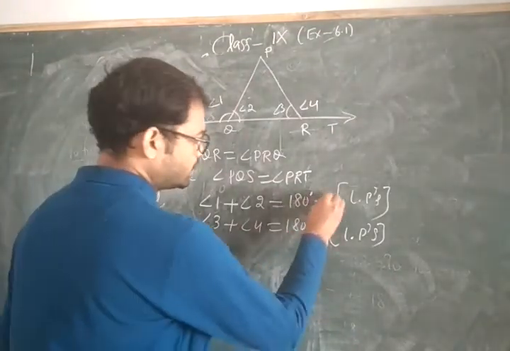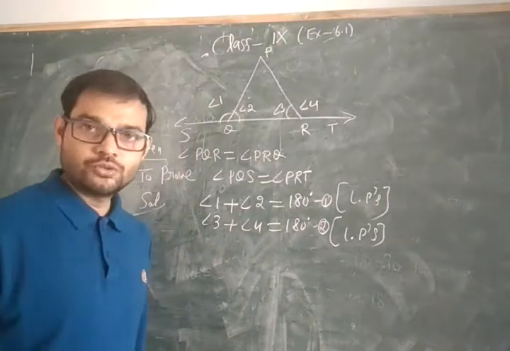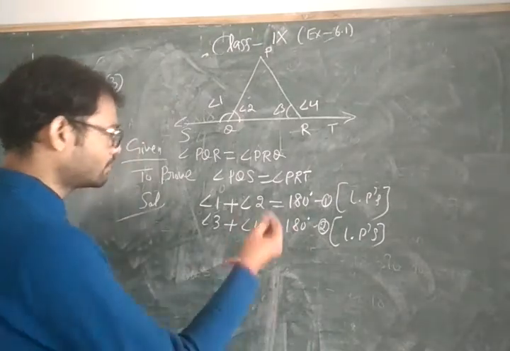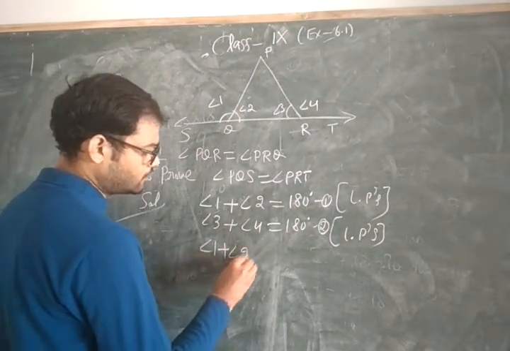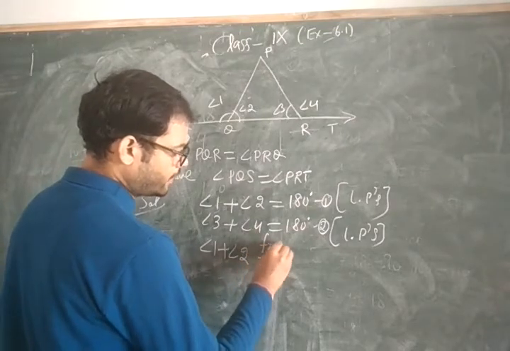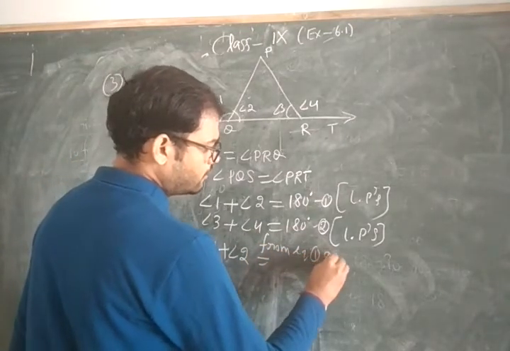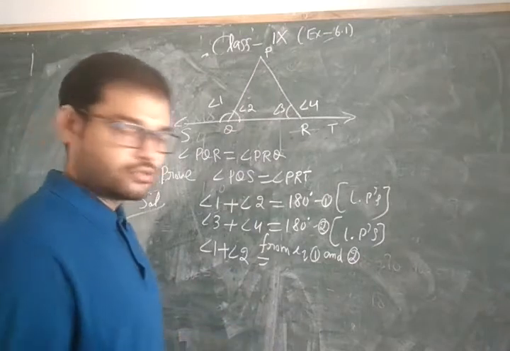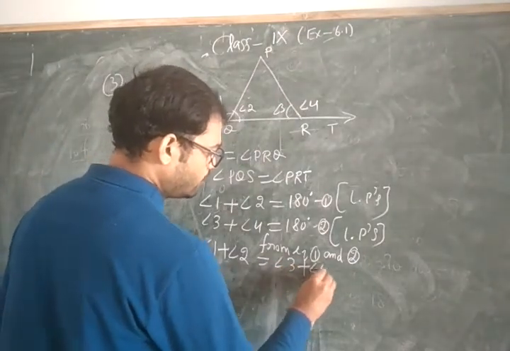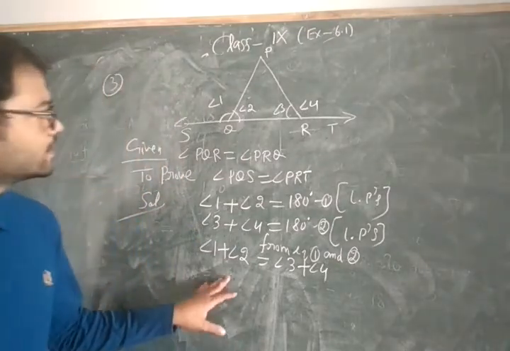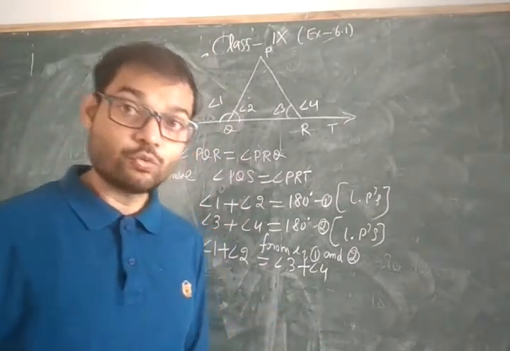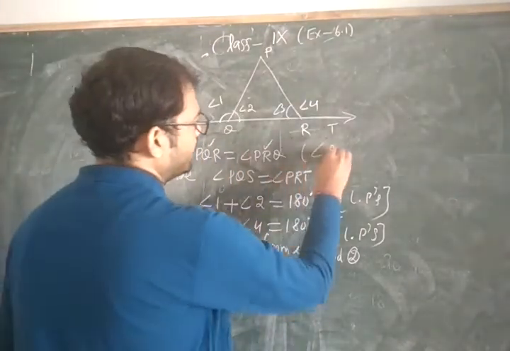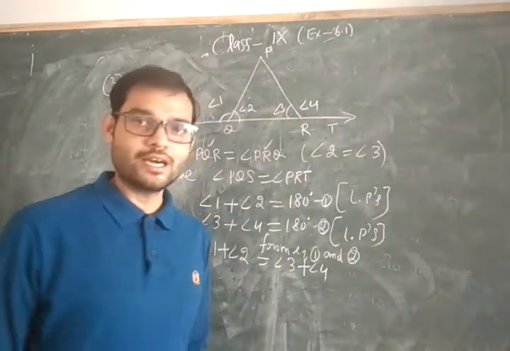Okay, now from equation 1 and equation 2, you can see that both right sides are equal, so you can write that angle 1 plus angle 2 is equal to angle 3 plus angle 4. Okay, and already in the question it is given that PQR is equal to PRQ, means it is given angle 2 is equal to angle 3. ये आपको question में given है.